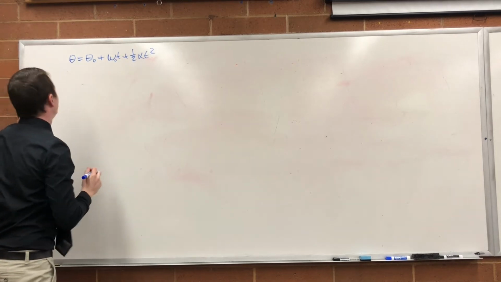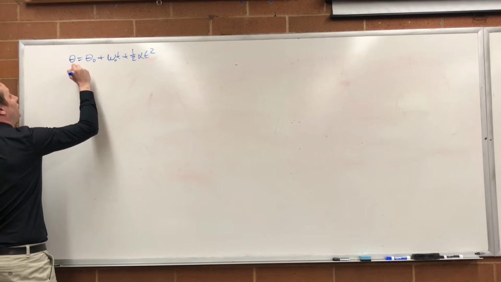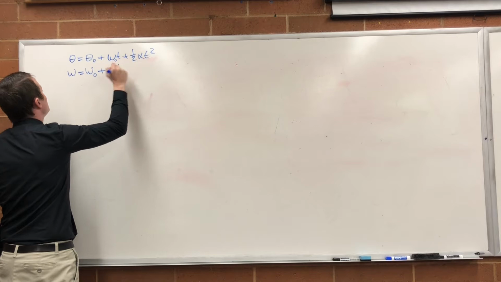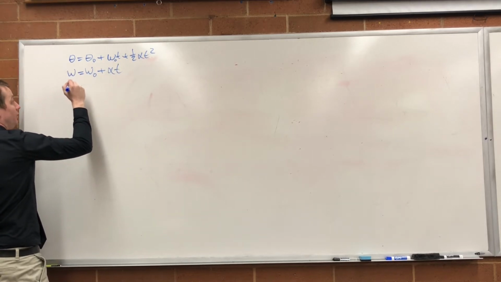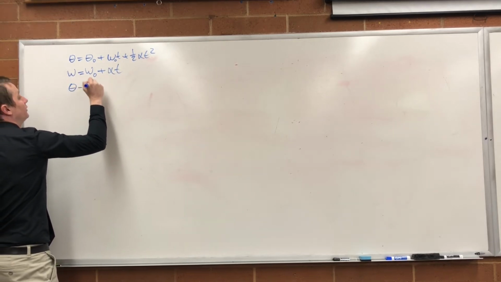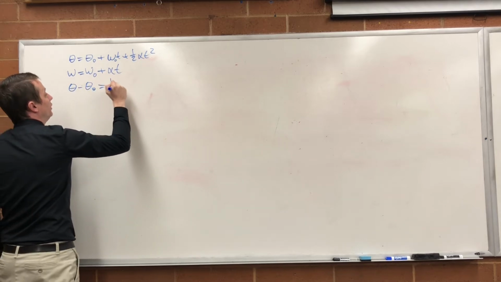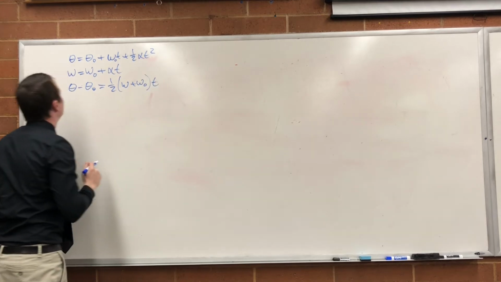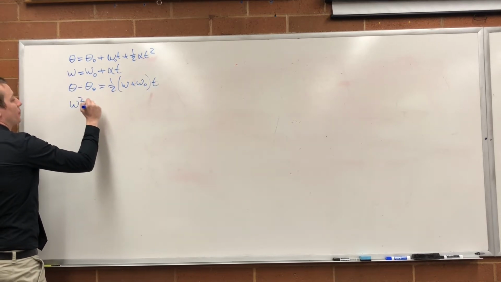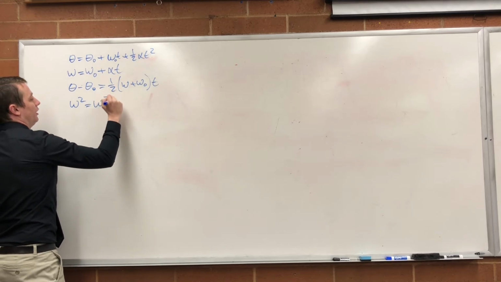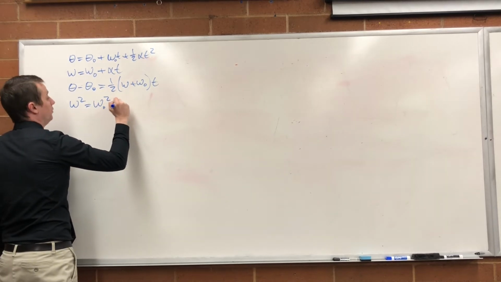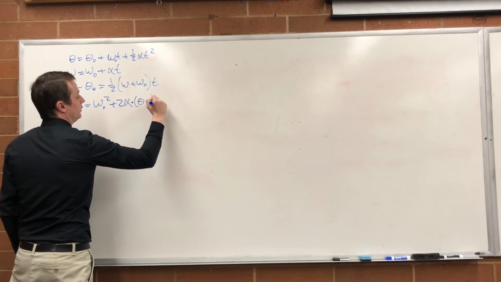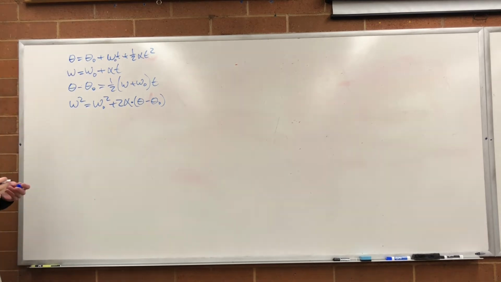Then we have omega is equal to omega naught plus alpha t. Then we have theta minus theta naught is equal to 1/2 times omega plus omega naught times t. And then we have omega squared is equal to omega naught squared plus 2 alpha times theta minus theta naught, right? Yep. For basic equations.